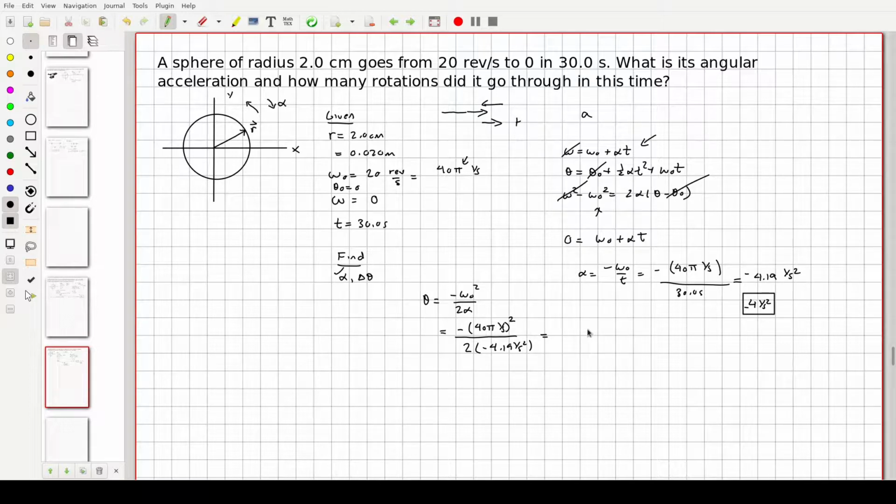So let's see here. 40 pi. You got to square that, then divide it by 2 times 4.222. I get 1,885 radians.